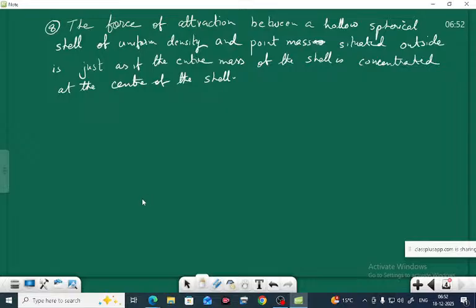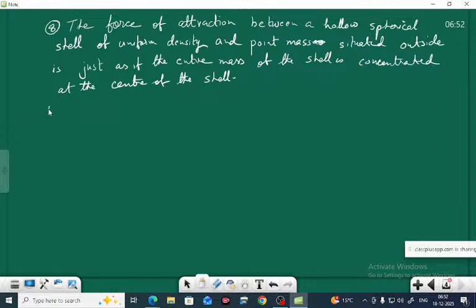So these are the few characteristics of gravitational force. The force of attraction between a hollow spherical shell of uniform density and a point mass situated outside is just as if the entire mass of the shell is concentrated at the center of the shell.